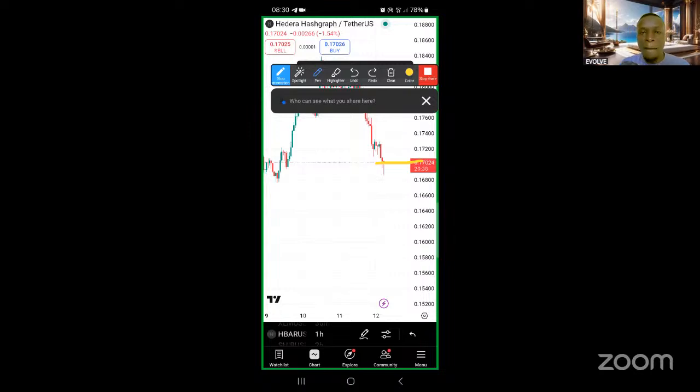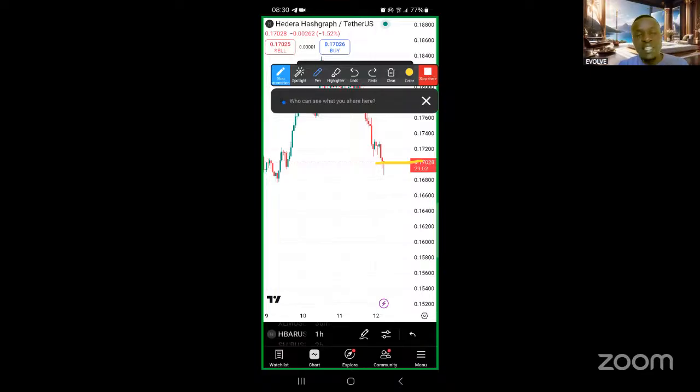Resistance are lines above the current price. Give me a two if you understand what I just said. Support are lines drawn below the current market price. Resistance are lines above the current market price.